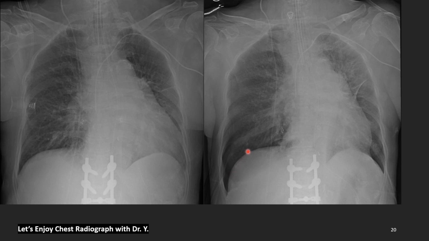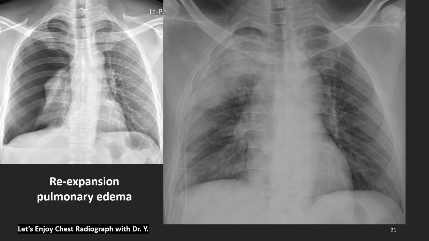In this AP supine film, gravity is directed toward the posterior, so gas or air is collected not at the apex but in the anterior portion. So this is the famous deep sulcus sign in the supine film.